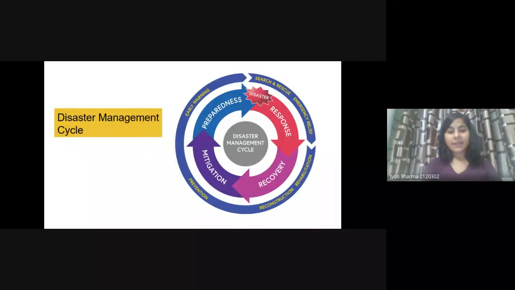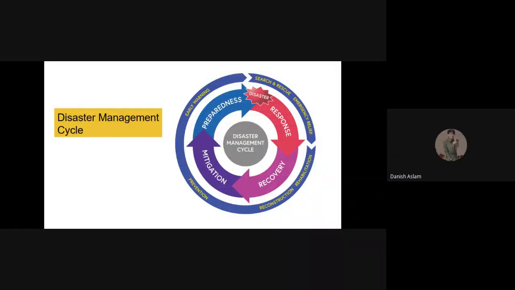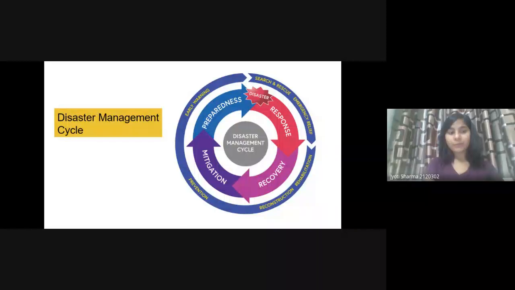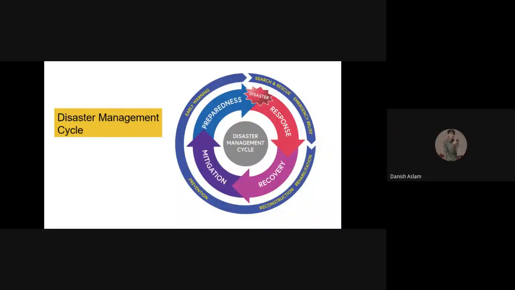Then we have the disaster management cycle. Can you explain, Danish? Danish, are you here? Yes, ma'am. What do you mean by the disaster management cycle? Ma'am, basically, disaster management is planning or getting strategies to overcome a certain disaster in a particular time.